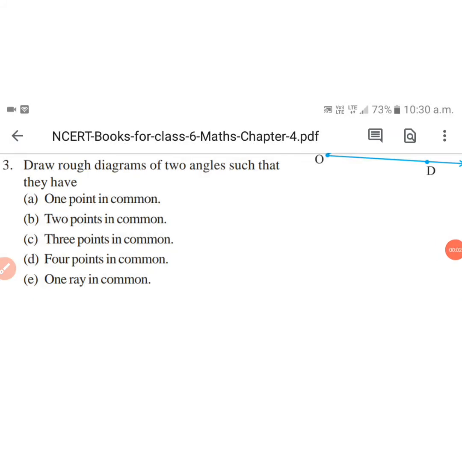C part, 3 points in common. So draw a rough diagram.